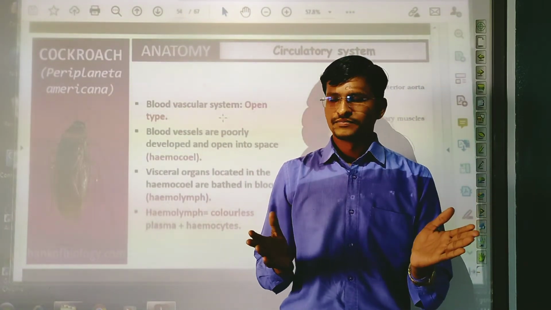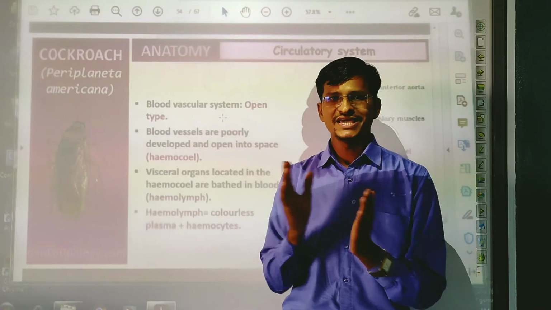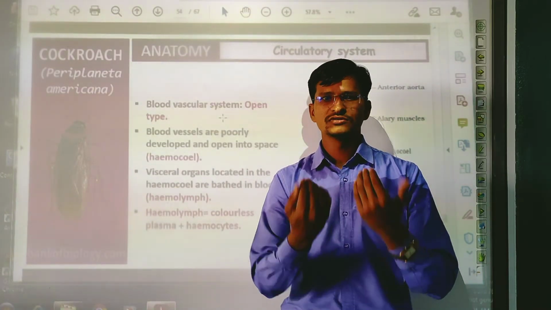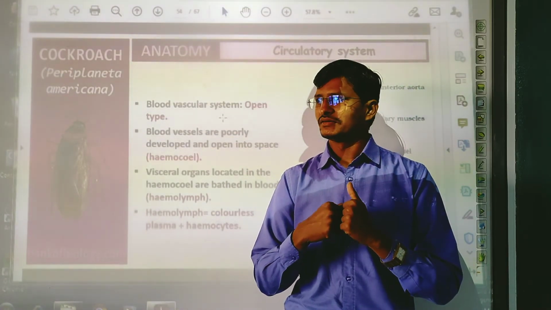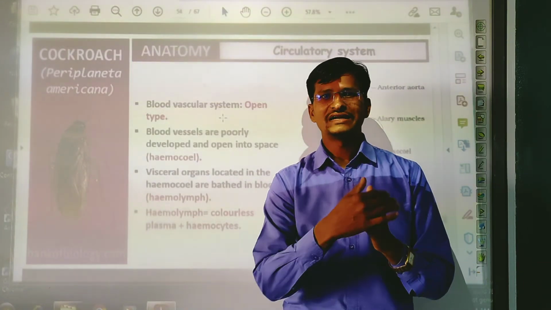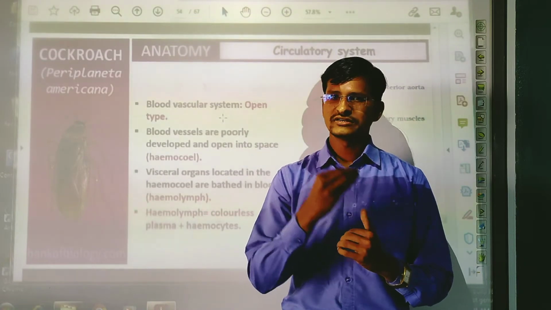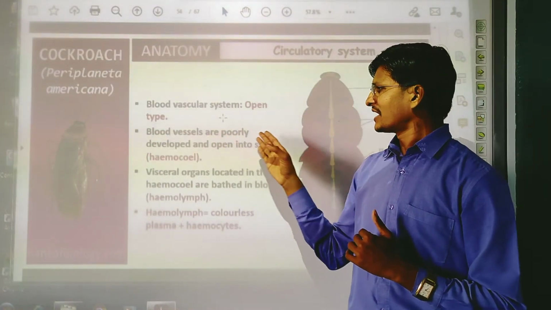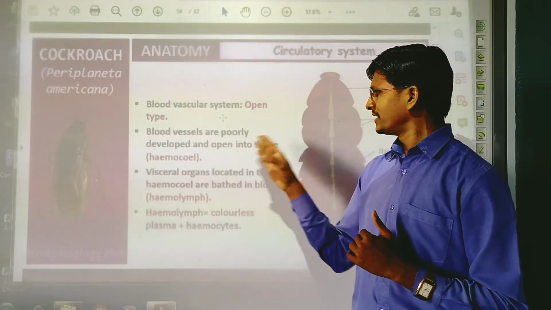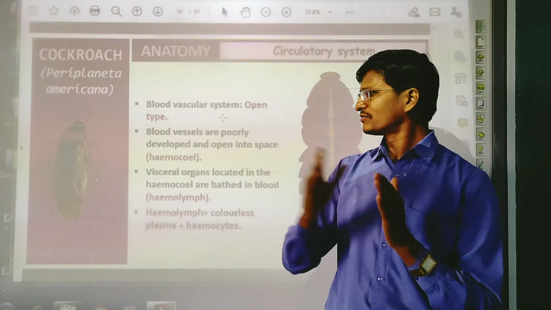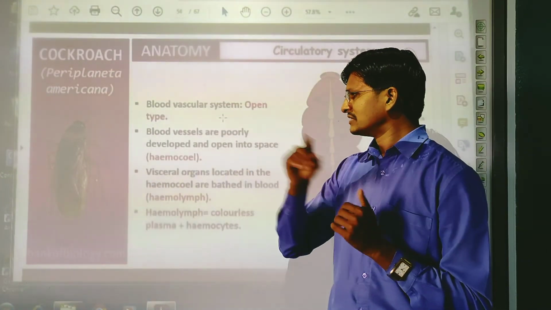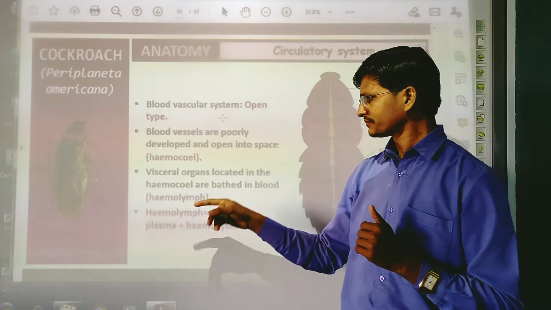Vast difference. Now vast difference in the sense we have closed circulatory system because it will be transferred to different arteries and veins, but here it has open circulatory system. So blood vessels are poorly developed and open to the space. That is why it is hemocoel.